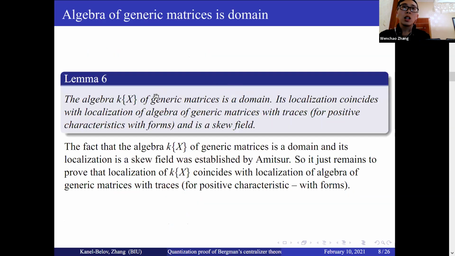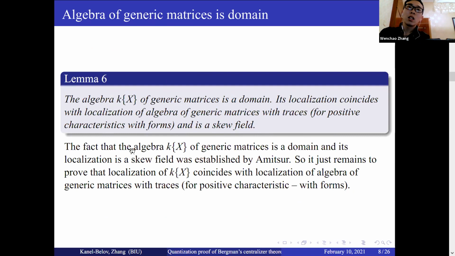This lemma shows that the algebra of generic matrices is a domain, and its localization coincides with the localization of the algebra of generic matrices with traces, and with forms in positive characteristic, and it is a skew field.